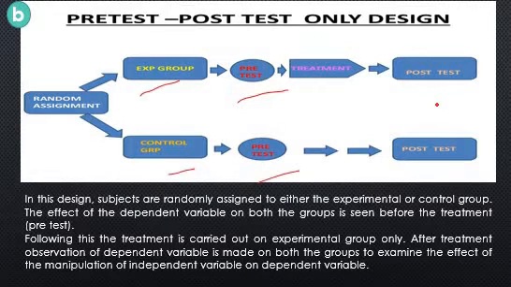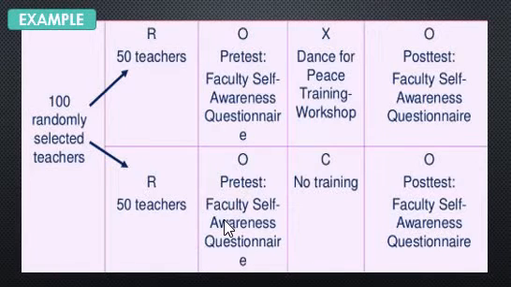For example, it is useful for an experimental study to assess the effectiveness of cognitive behavioral therapy interventions for patients with breast cancer. Here is the same example that I gave in the first type. Here also you have assigned 50 teachers to the experimental group and 50 teachers to the control group, but in this, both the groups are given a pre-test.